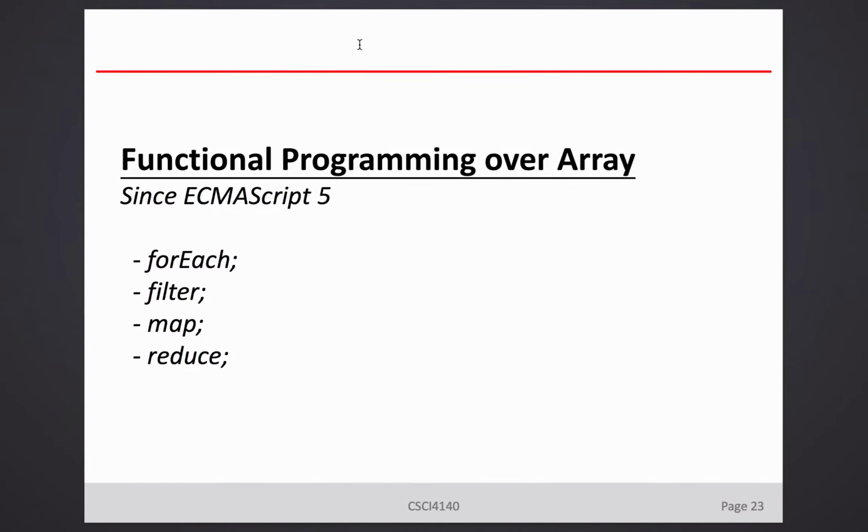One more thing, about the functional programming side. I think we don't have time because I have to set up the makeup lecture schedule with you. But I have to tell you that this kind of functional programming means that you can pass a function in there. They are there only since ES5, so if you have some very old book, you cannot see it.